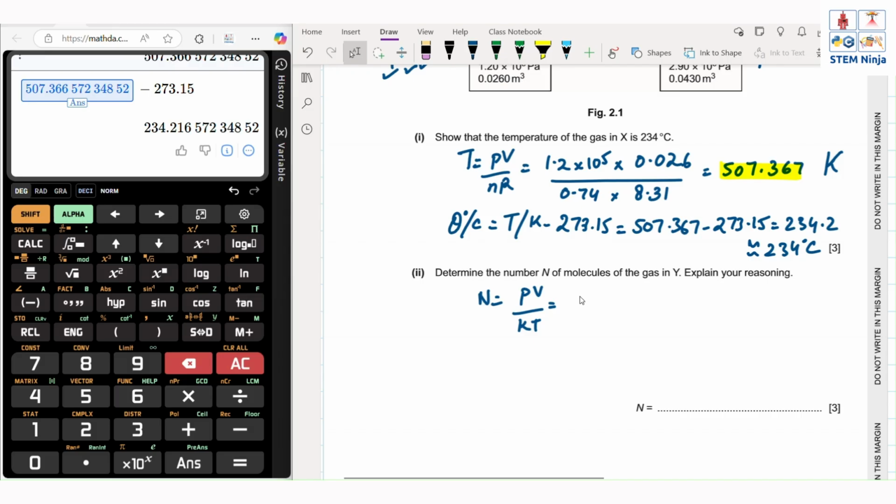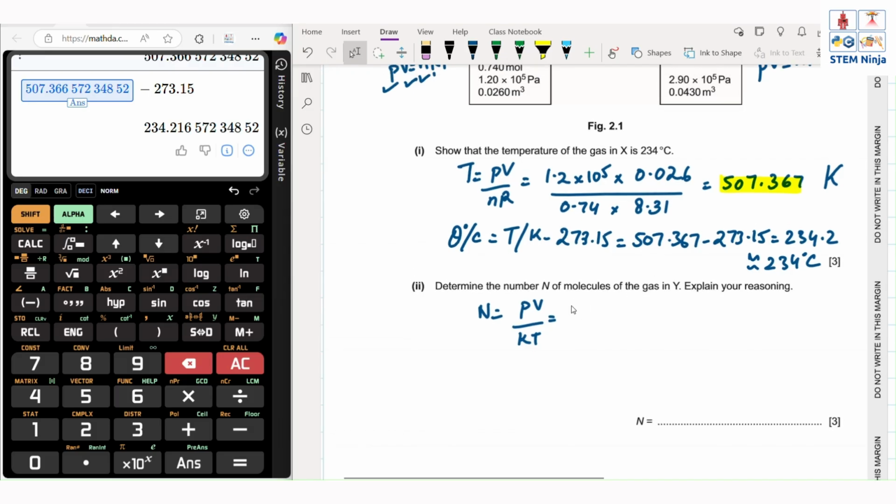P is 2.9 times 10 raised to power 5. Volume is 0.043, divided by k, which is 1.38 times 10 raised to power minus 23. Again, you can confirm the value from that. Temperature, again, we are going to use the Kelvin temperature, that is 507.367.